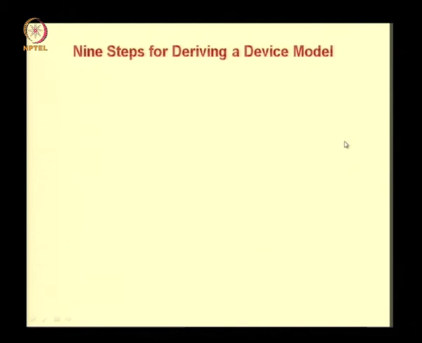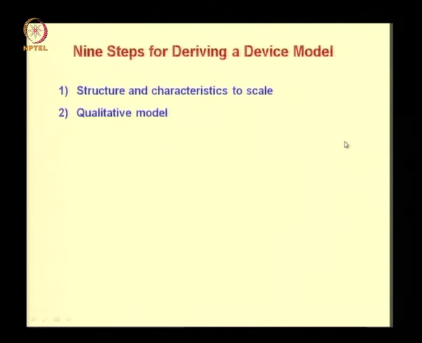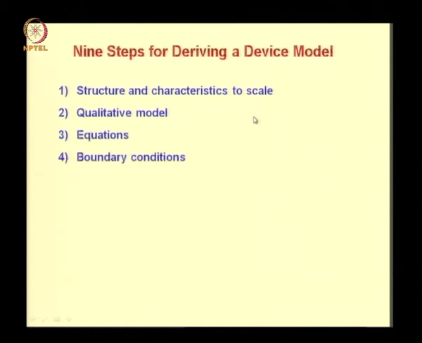Let us look at what the 9 steps for deriving a device model are. The first step is visualizing the structure and characteristics of the device to scale, and next we develop a qualitative model of the device for the particular characteristics of interest. The third step involves writing down the equations.